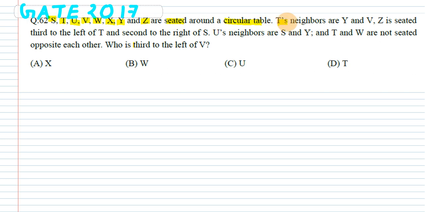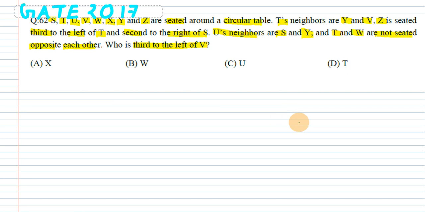T's neighbors are Y and V. Z is seated third to the left of T, and second to the right of S. U's neighbors are S and Y. T and Y are not seated opposite each other. They have asked who is third to the left of V. Let's solve the question.